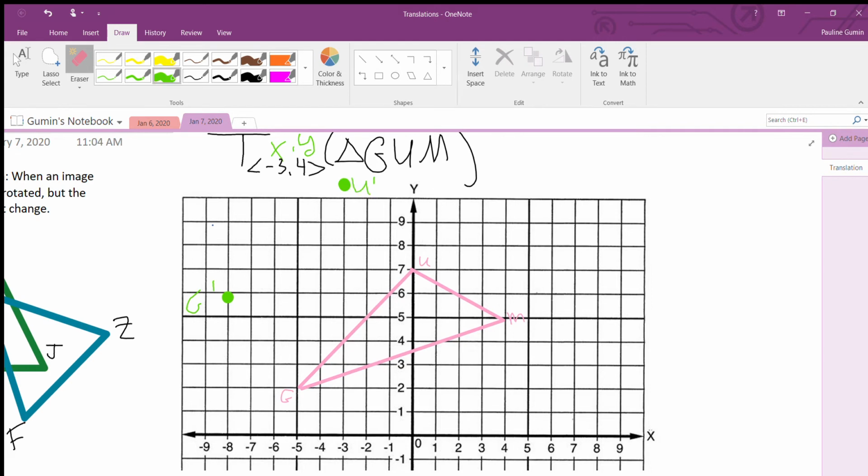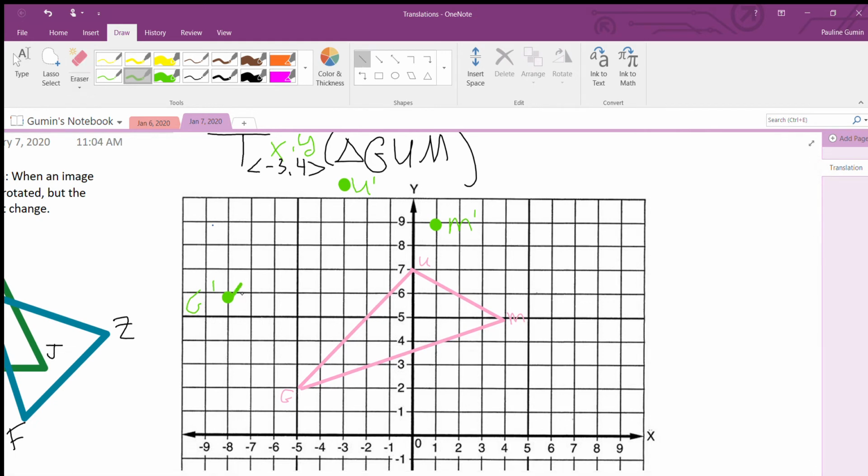And lastly, I have M. 1, 2, 3, and then up 4. 1, 2, 3, 4. There's M prime. All right, let's connect these dots with a line. Oh no, you don't want to draw a straight line for me, computer?